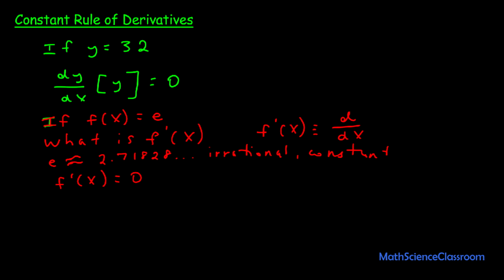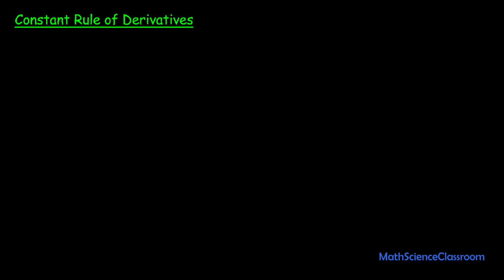Now let's try another. What is f prime of x if f of x equals -7? So -7 is a constant, therefore f prime of x equals 0.